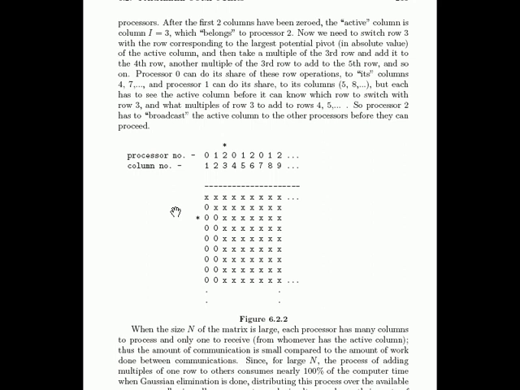Well, let's first see how we could parallelize the Gaussian elimination routine. That's the most important routine in the computational linear algebra book. And recall, there's a 9 by 9 matrix. With Gauss elimination, we knock out the elements below the diagonal in the first column, then the second column, then the third column, and so forth, and then we get it to upper triangular and do the back substitution.